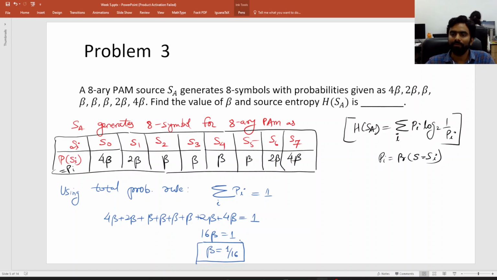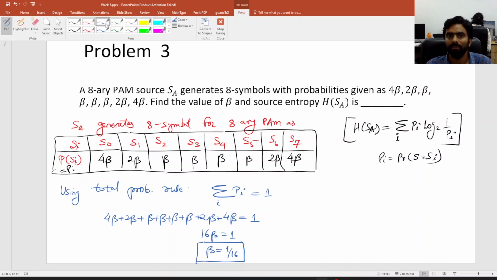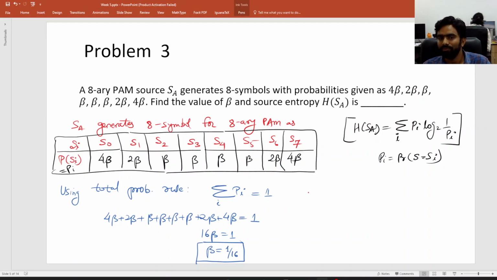So it is clear. Now you can form this table by substituting the value of beta and you will get the probabilities. Okay. So now I will draw that table to show you the values. That is Si: S0, S1, S2, S3, S4, 5, 6, and 7.